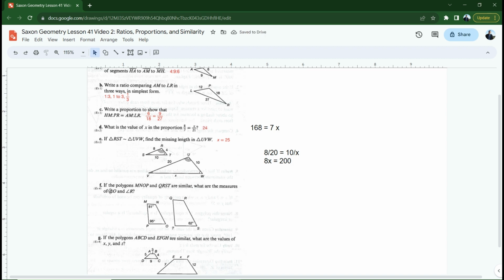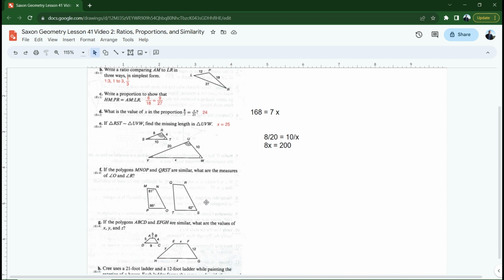Next, if the polygons MNOP and QRST are similar, it doesn't just have to be triangles. It can be polygons that are similar. What are the measures of angle O and angle R? Angle O has to be the same as angle S because those are corresponding angles. So angle O has to be 62 degrees. Angle R, well, this one's a little bit harder. I need to remember that the interior angles of a quadrilateral have to add up to 360.